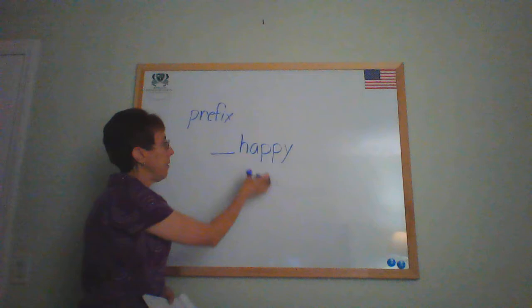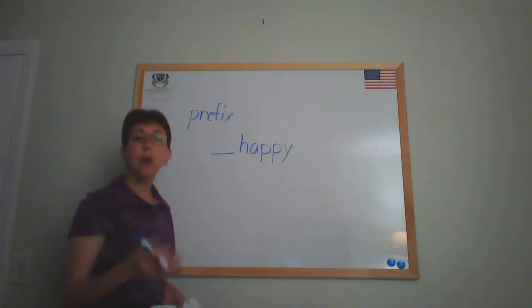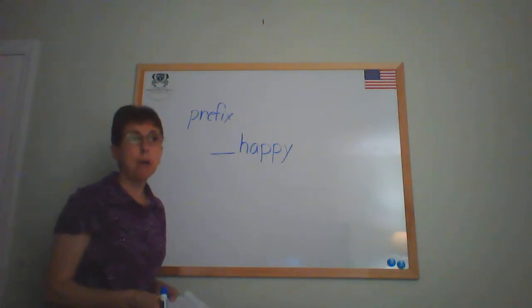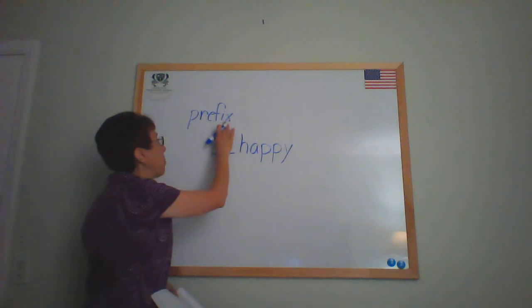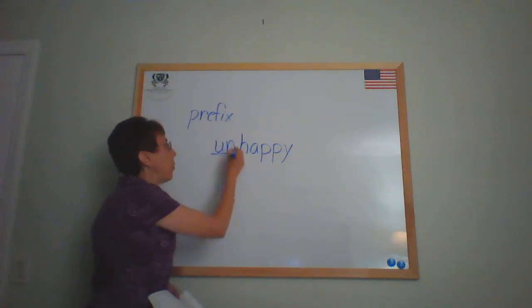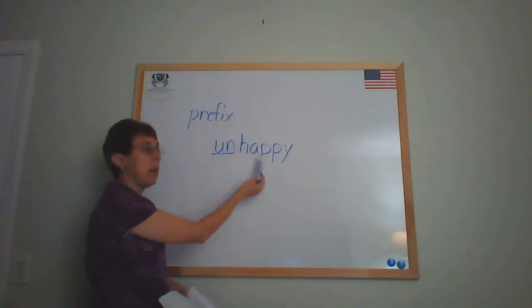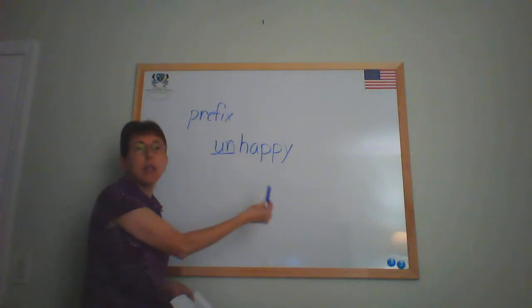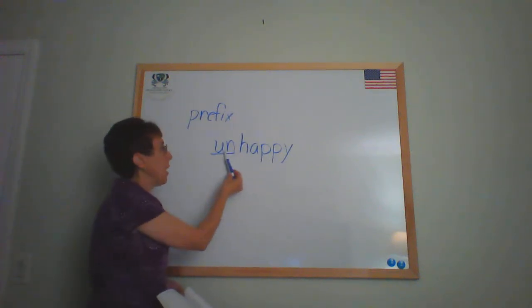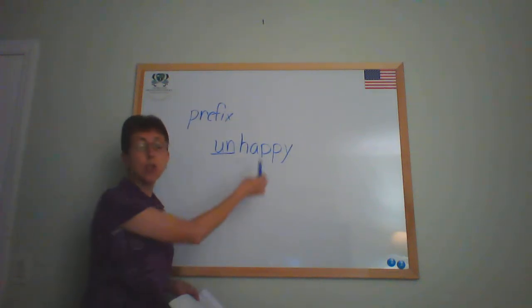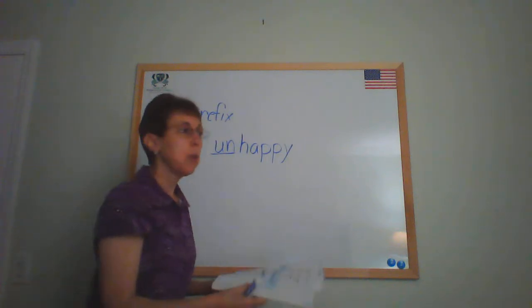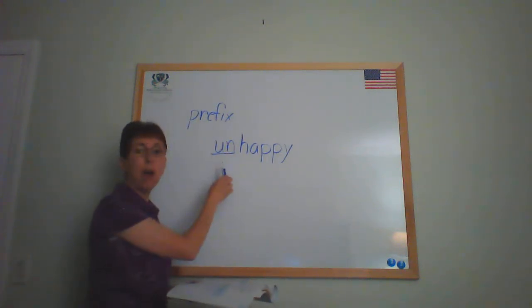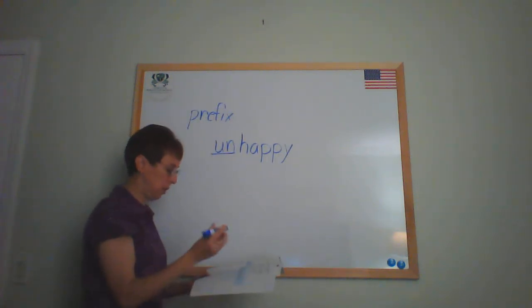And the example given is happy. Okay, so happy, you know exactly what that means. And when we add the prefix un before it, it makes unhappy, it's actually the opposite of happy. Okay, so un means not, so unhappy, not happy. Okay, so again, prefix you add before the base word.